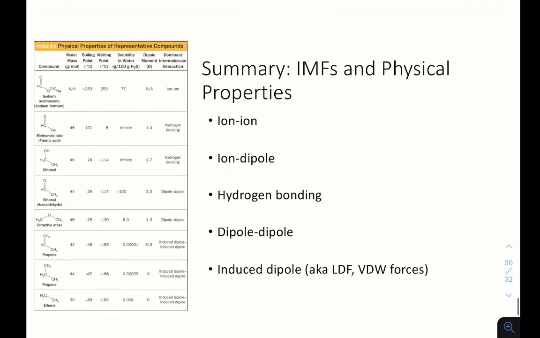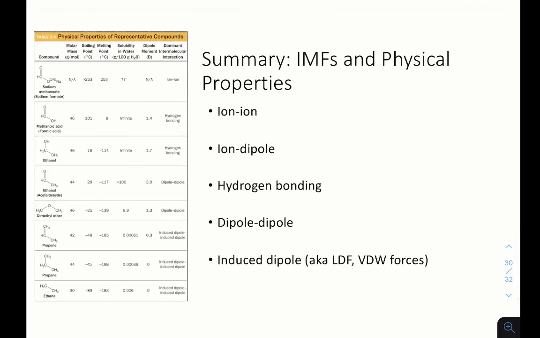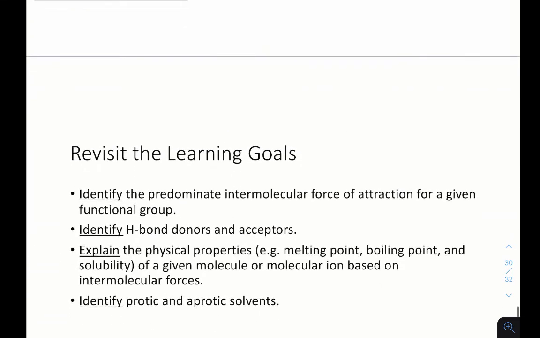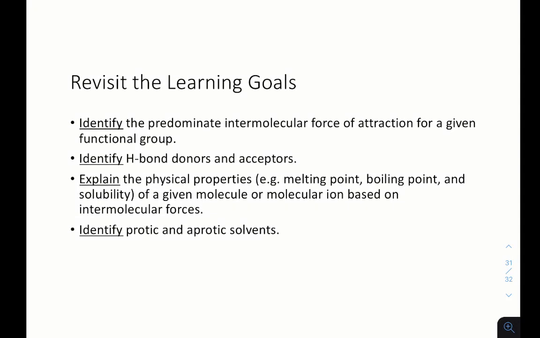Be sure that you can summarize each of these types of intermolecular forces and how they affect the physical properties of molecules. You can identify the predominant intermolecular force of attraction for a given molecule or even a functional group based on its polarity.